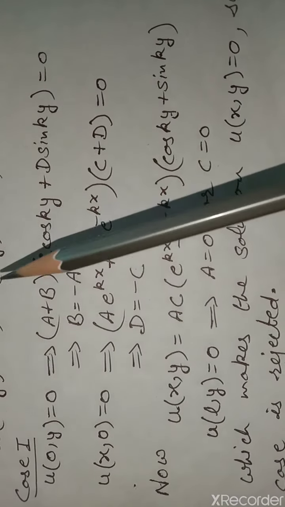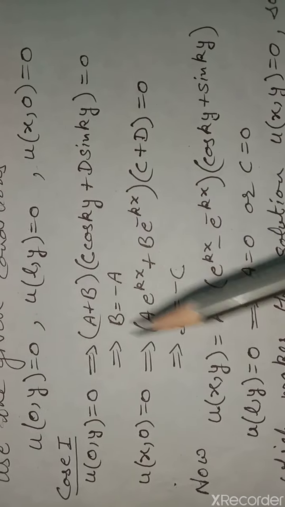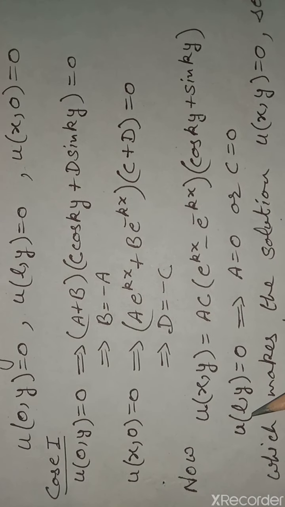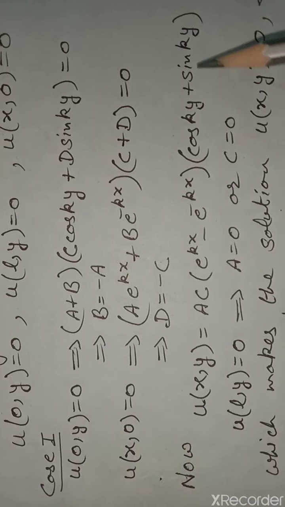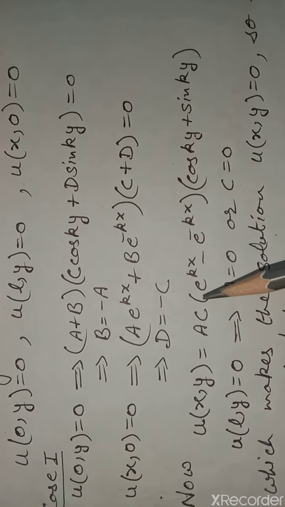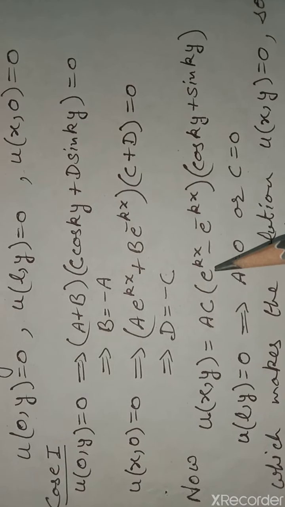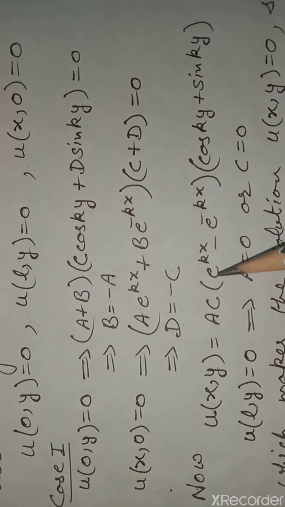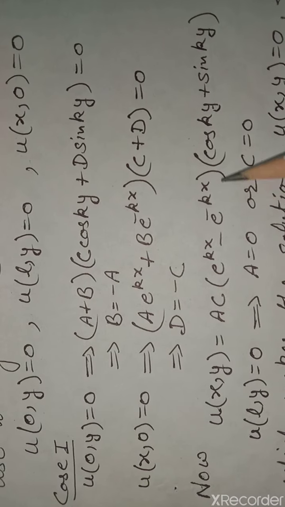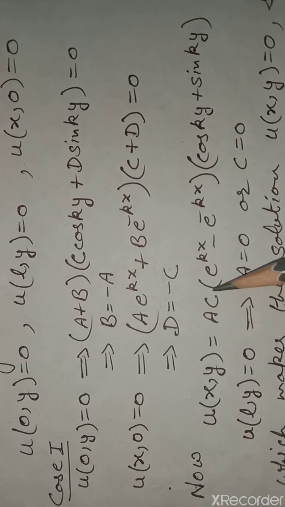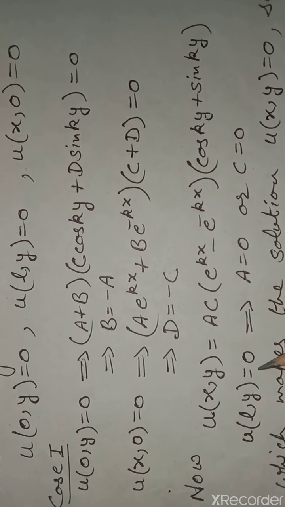And now there is one more condition. You put x is equal to L. So when we put x is equal to L here, then again u is 0. Then you can see this cannot be 0 always. It means this ac has to be 0 for this condition.